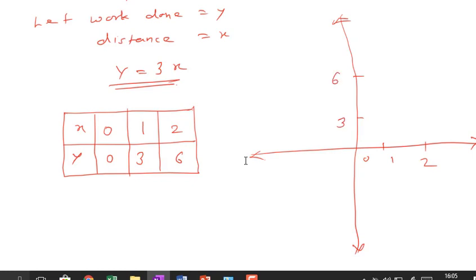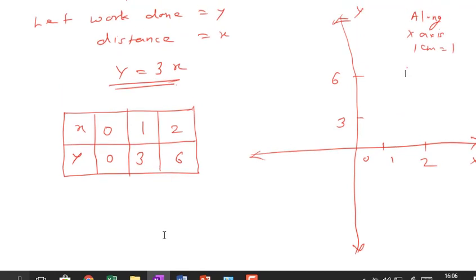So we can change the scale along the x-axis and y-axis, but we mention that here. Along the x-axis we are taking 1 centimeter equals 1, and similarly along the y-axis we will mention the scale.